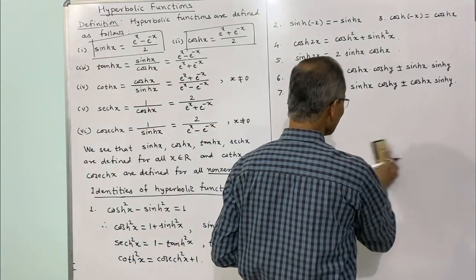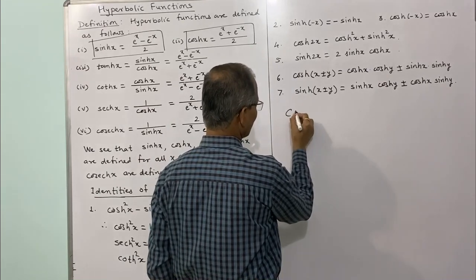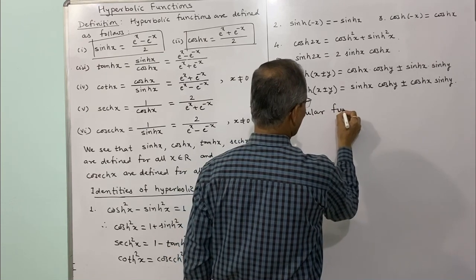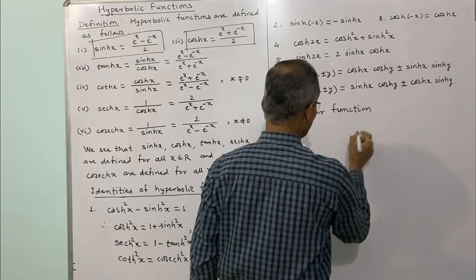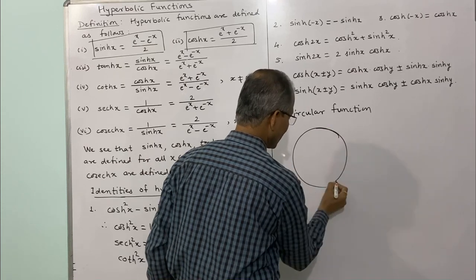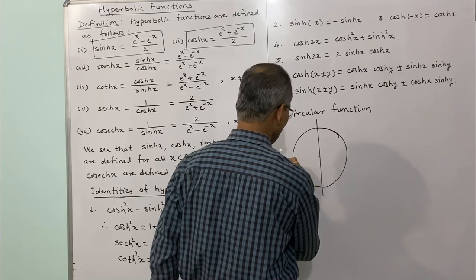For circular functions, trigonometric functions, which are also known as circular functions, we have a unit circle, and the center is at origin, the radius is 1.